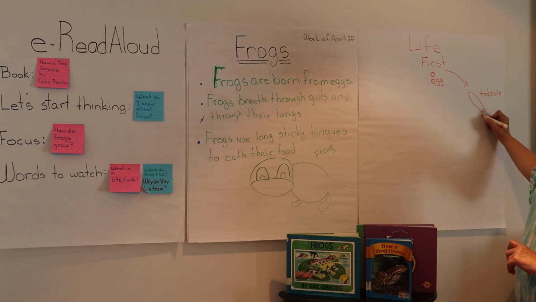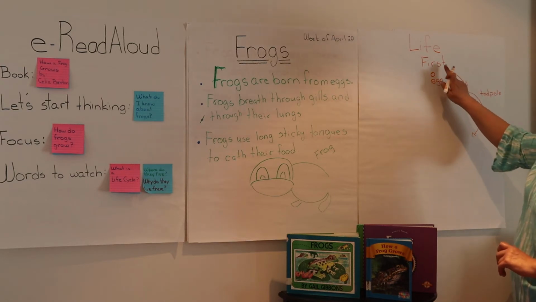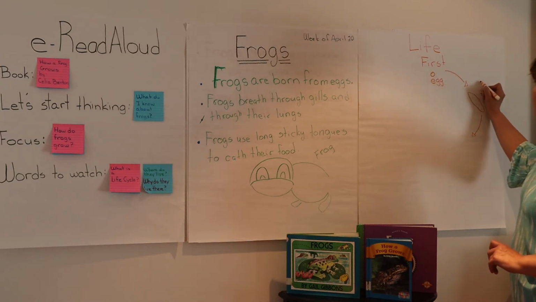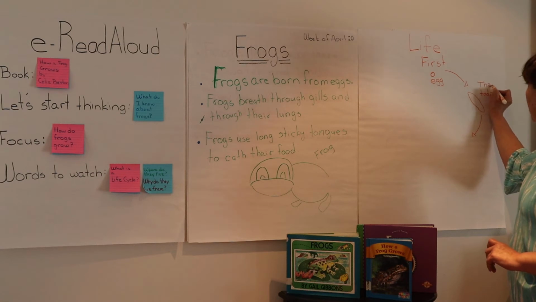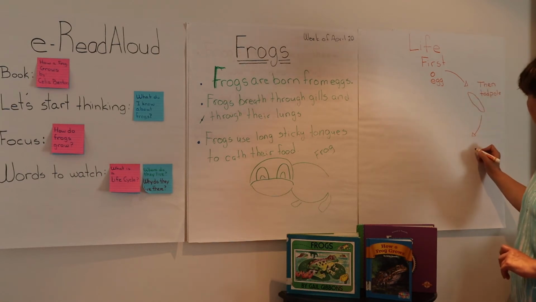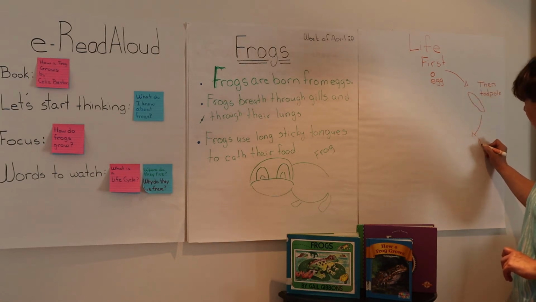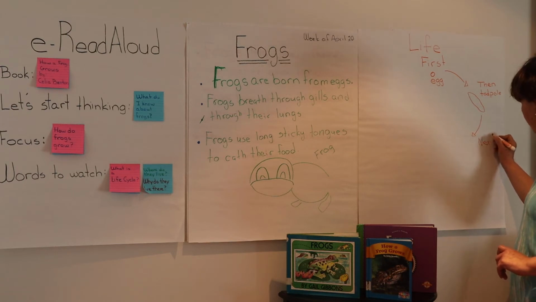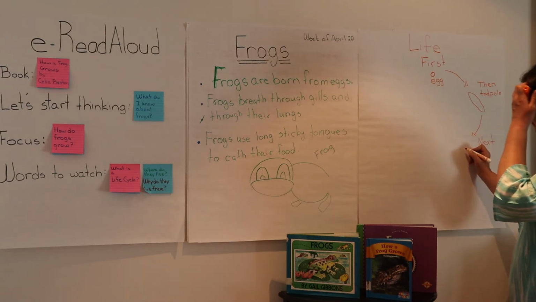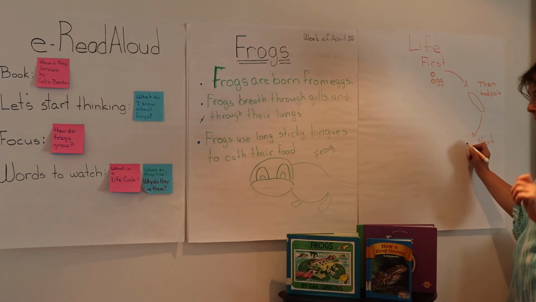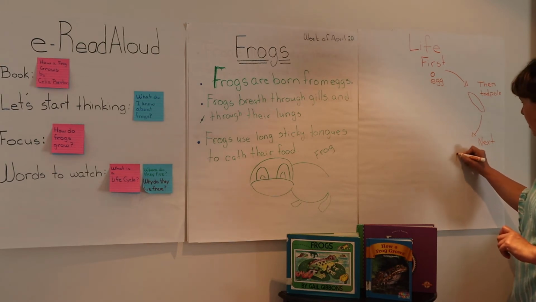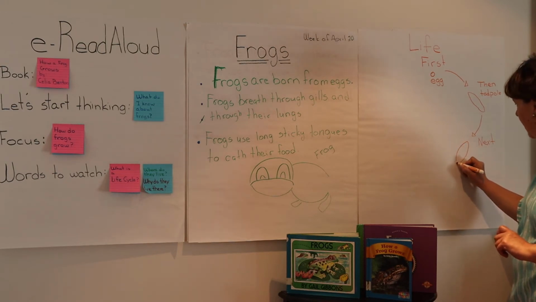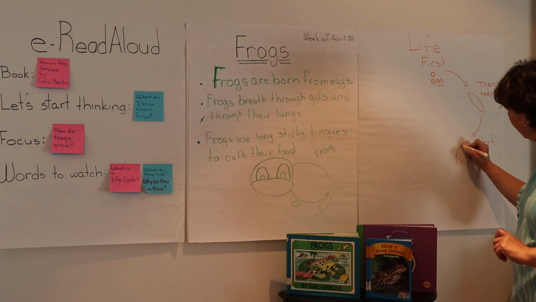Then I am going to add, I forgot my transition word first, then next, and I'm going to put my next transition word, next. Now, I am going to put in my tadpole, and I'm going to give it some back legs.